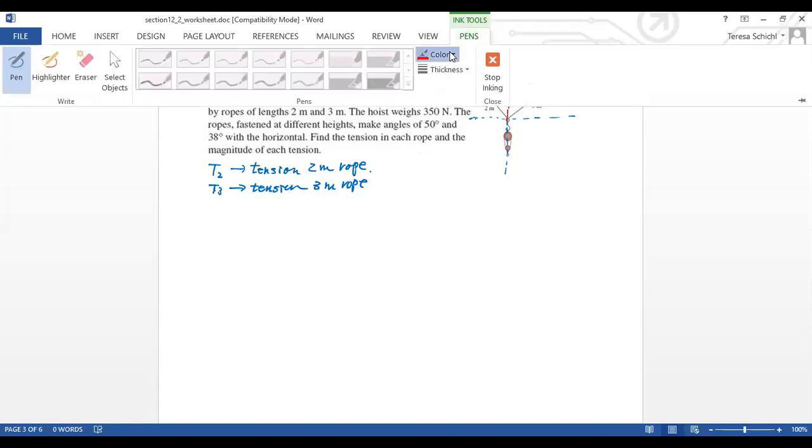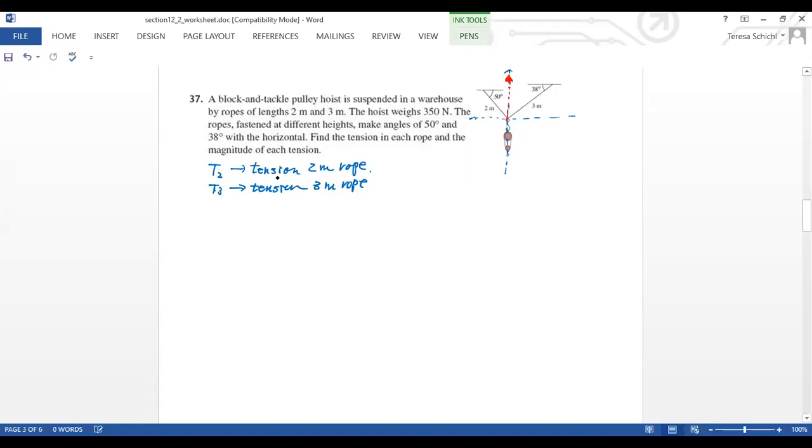So the T2 tension plus the T3 tension, these two ropes, balance the 350 newtons.